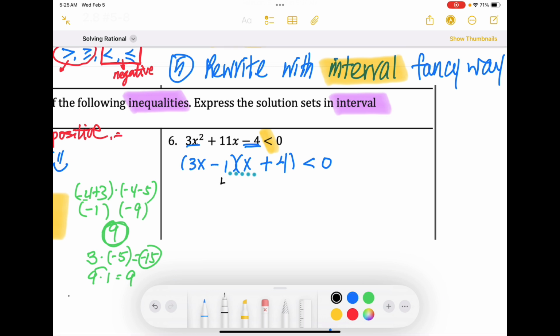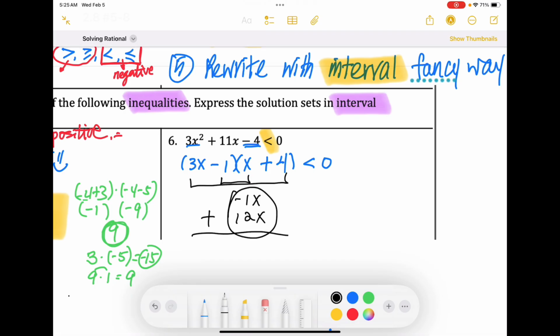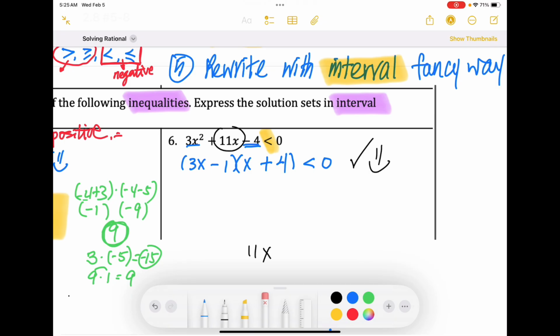So I'm going to pick positive 4 and -1. Check it, check it, check it. -1 times x is -1x, and 3x times 4 is positive 12x. When I add those together, ooh la la, I do have a positive 11x matching my middle term. So this tells me my factoring is perfect.